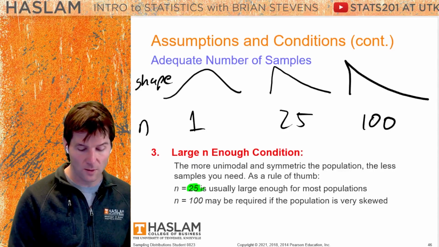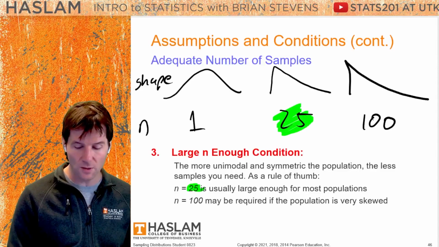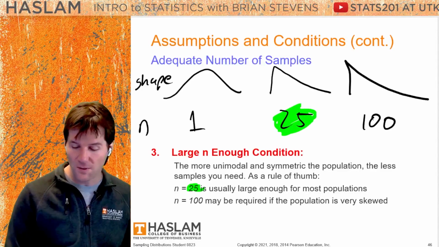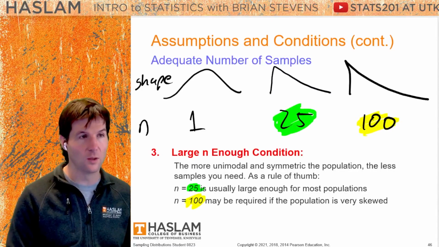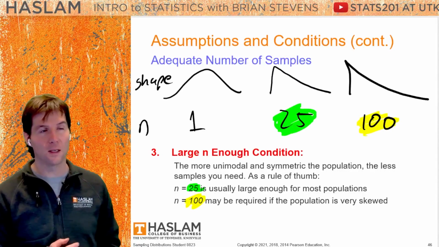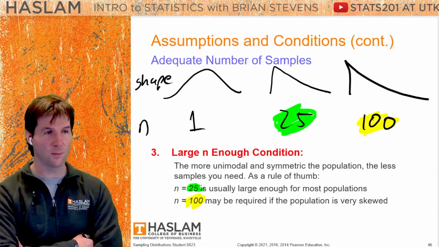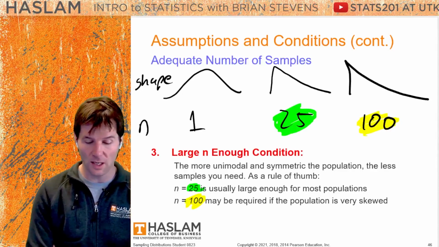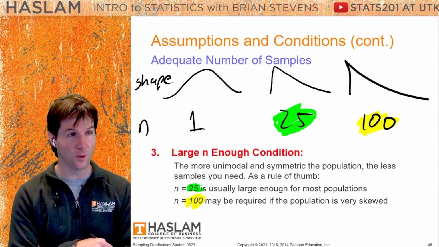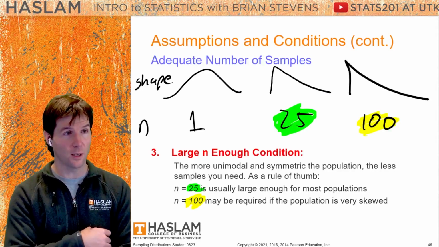So if it's normal, we only need 1 observation because it's normal. If it's heavily skewed, we need 100. If it's skewed, we need 25. Now, these are words we're using subjectively, but remember back to the central limit theorem, that the larger the sample we take, the more normal the distribution will become.